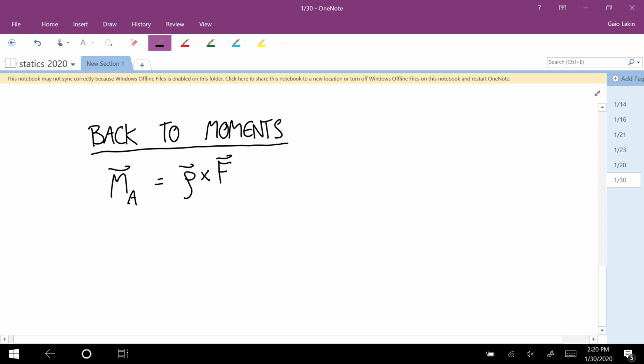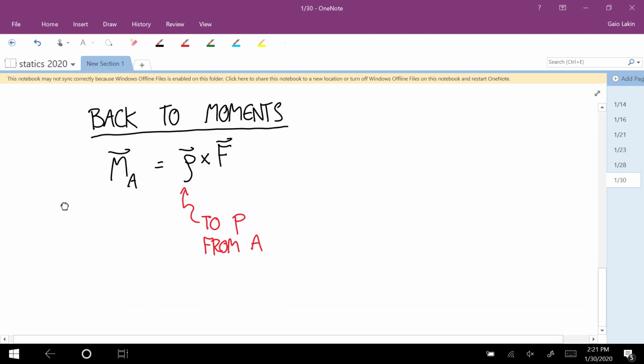So this is the moment produced by that force F, where rho is the vector from the about point to the point P where the force is applied, and F is the force vector.